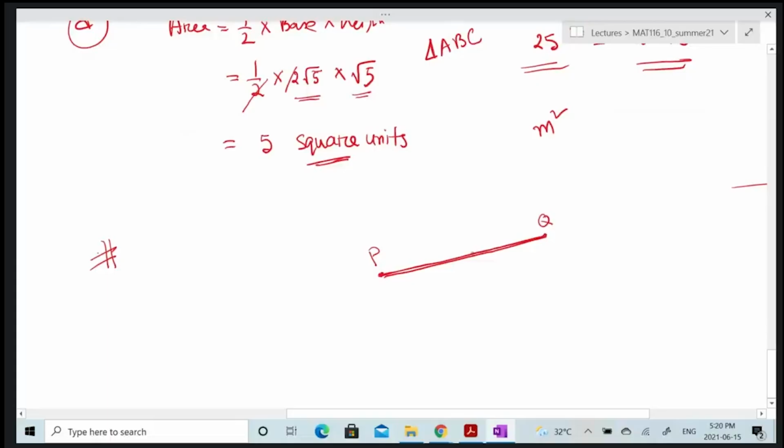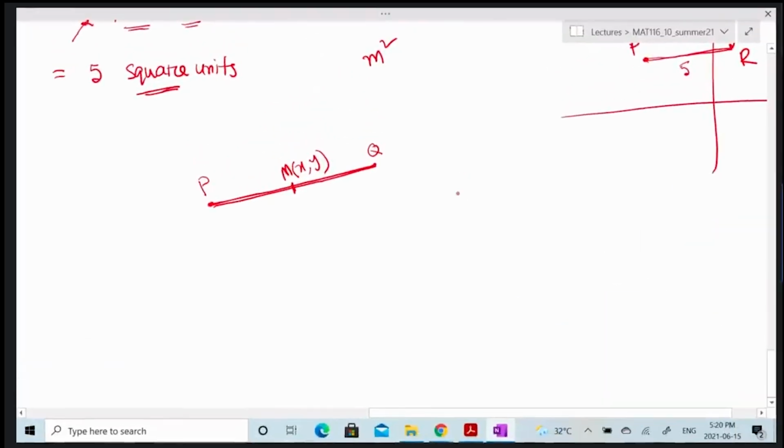But now I want to know the midpoint of them. There is a very nice formula to find it. Like before, I am showing you how to derive it, but you don't need to remember the derivation. At the end of the day, you just need to remember the formula.